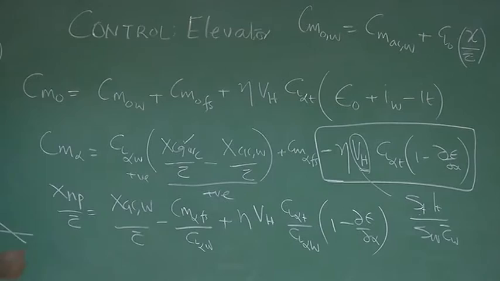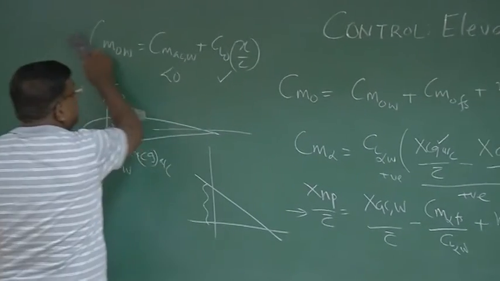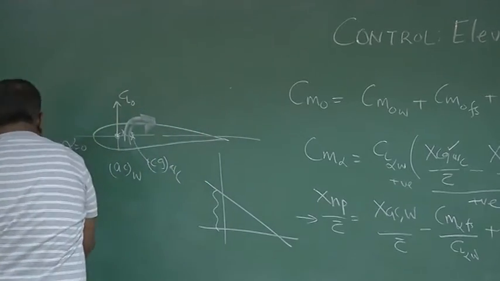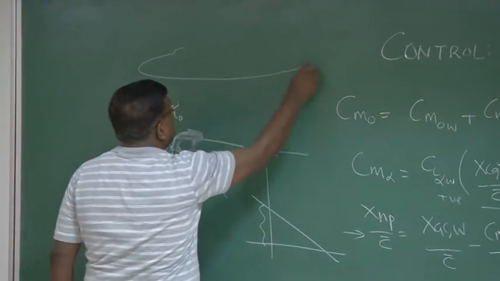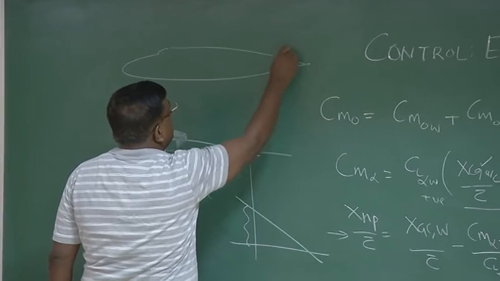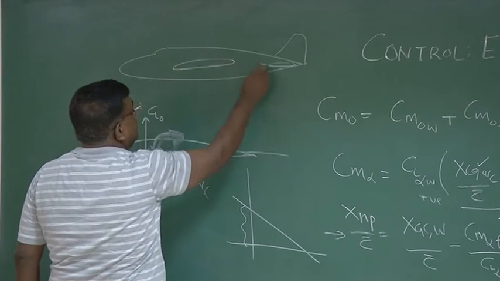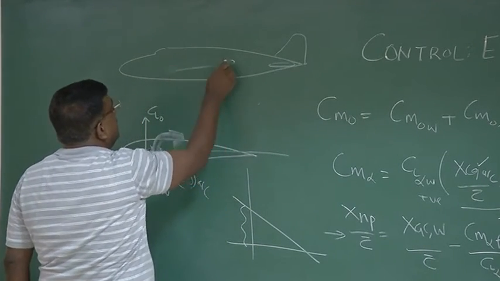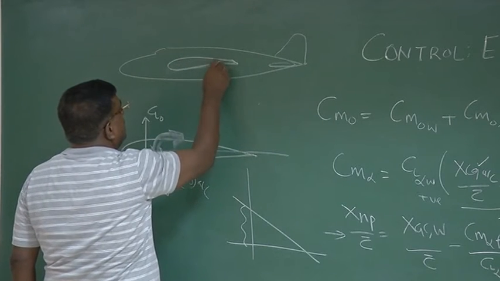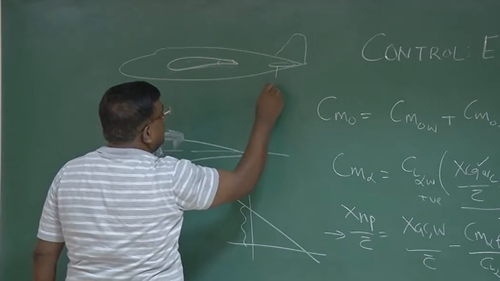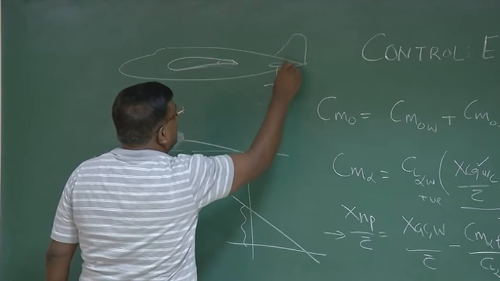And this tells you what? As you are designing the airplane, there is a configuration. You have selected some wing, some tail. This is the tail, this is the wing.